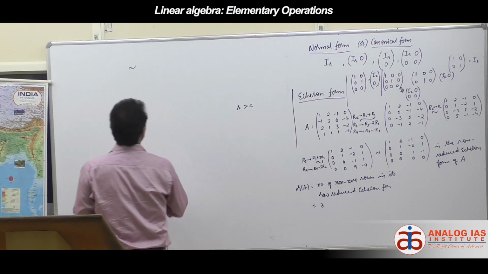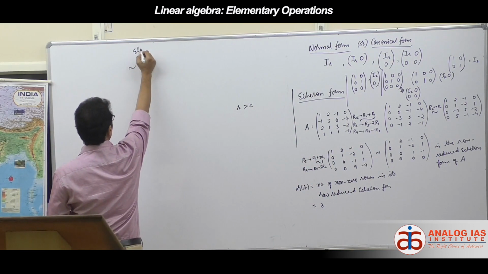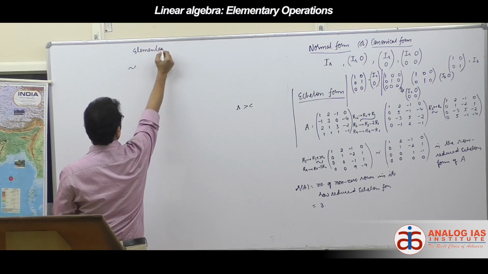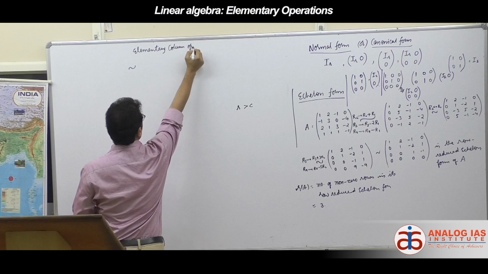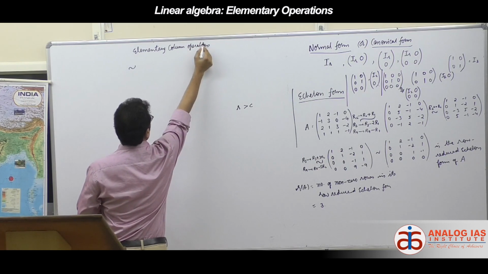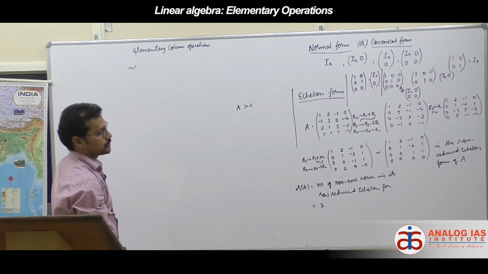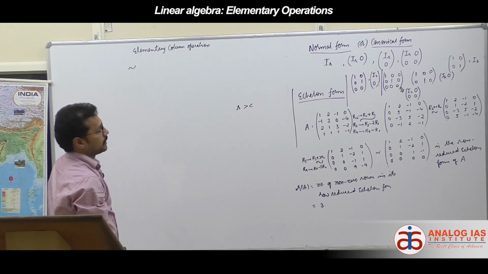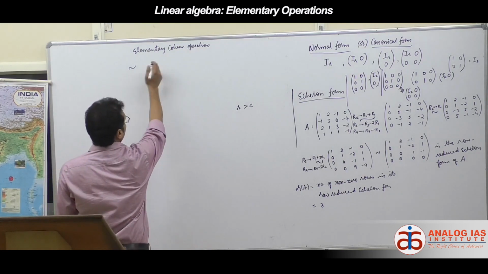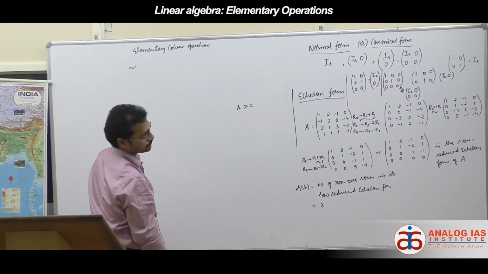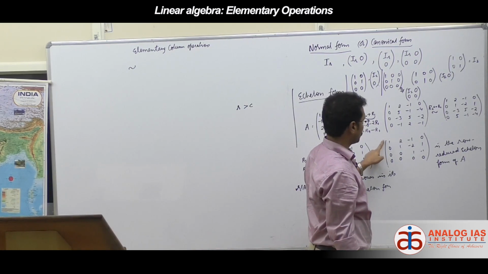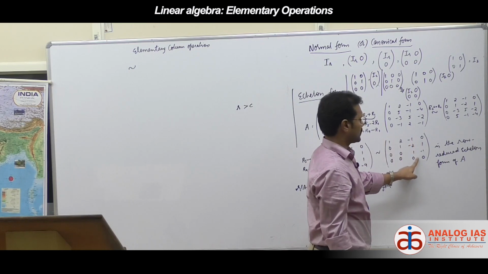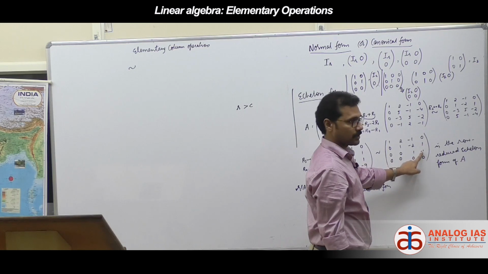So I will go with elementary column operations. Then what I get is, I will take this as the reference row and try to convert this into zeros.